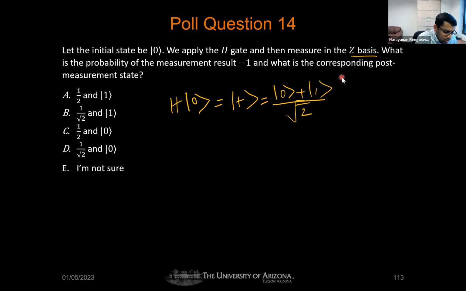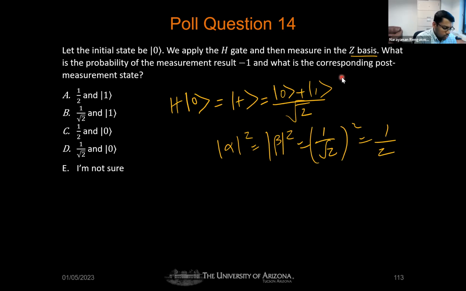So you will get outcomes +1 or -1, and each has probability |alpha|^2 and |beta|^2. In this case both alpha and beta are 1/√2, so the square is half. So the probability is half. And we said that the measurement result is -1, so the outcome is the ket 1 state. And so this is why option A is the right answer.